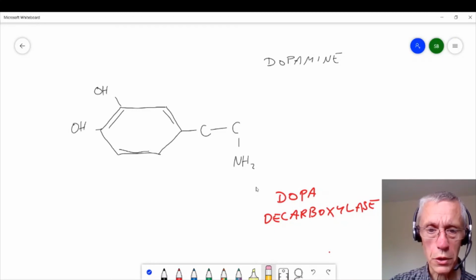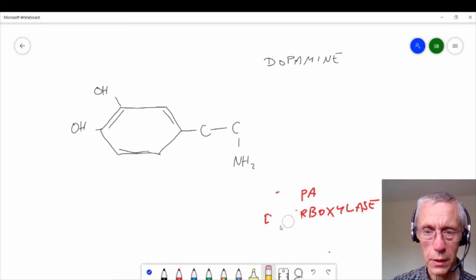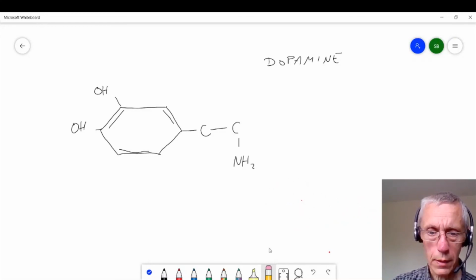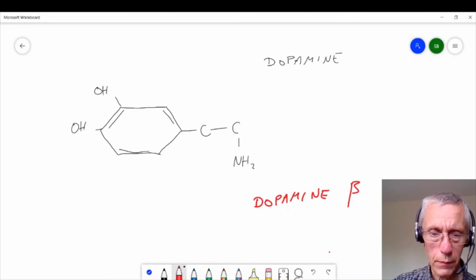What we could do now is to add or apply another enzyme, which is dopamine beta hydroxylase.